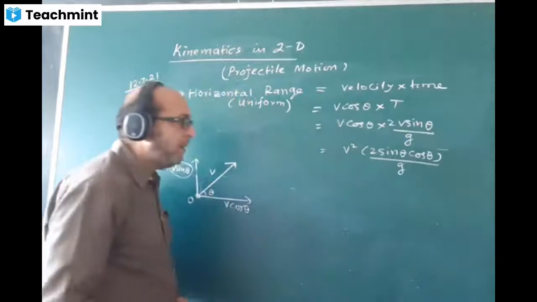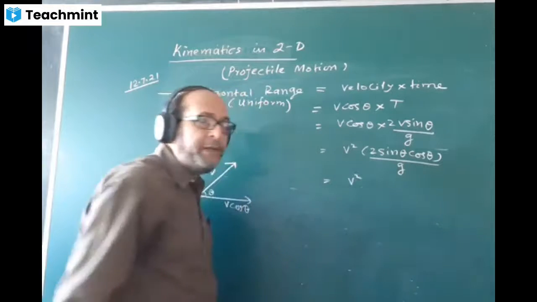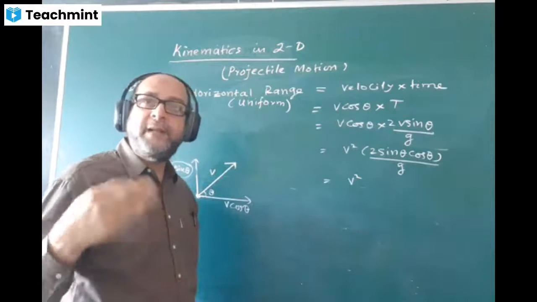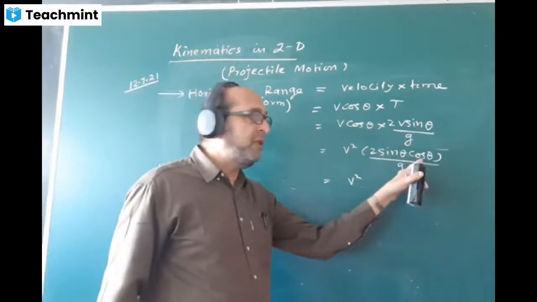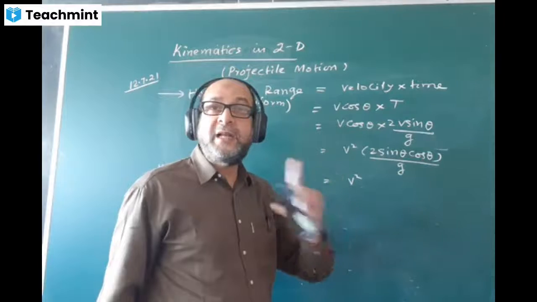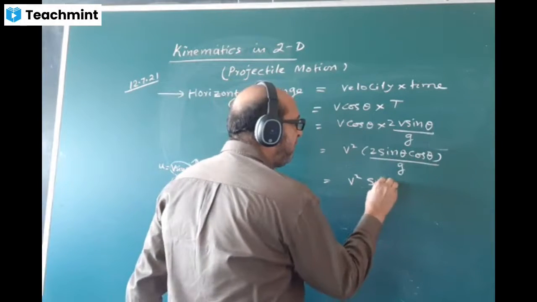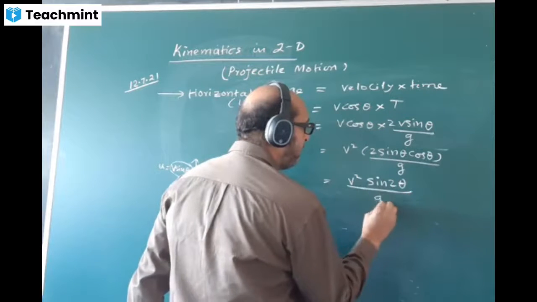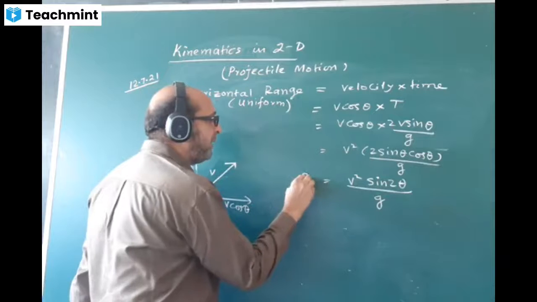In trigonometry, you will come across the formula that 2 sin theta cos theta is equal to sin 2 theta. So this is the formula of horizontal range, V square sin 2 theta upon g.